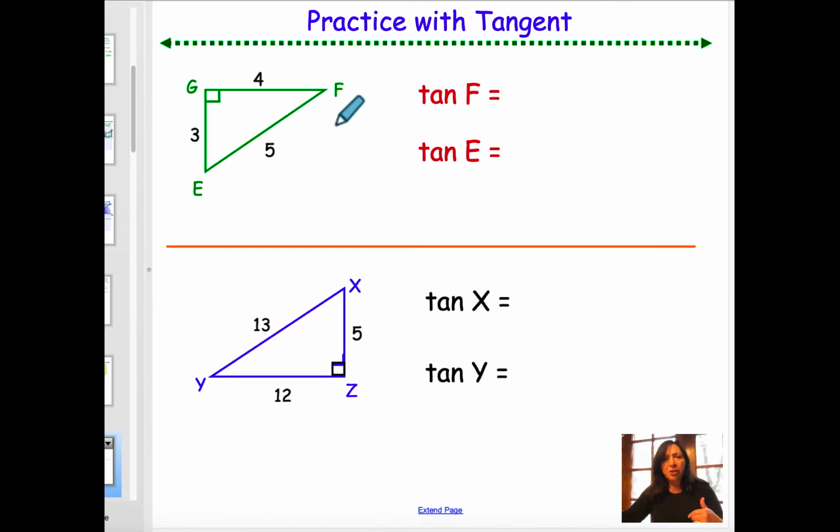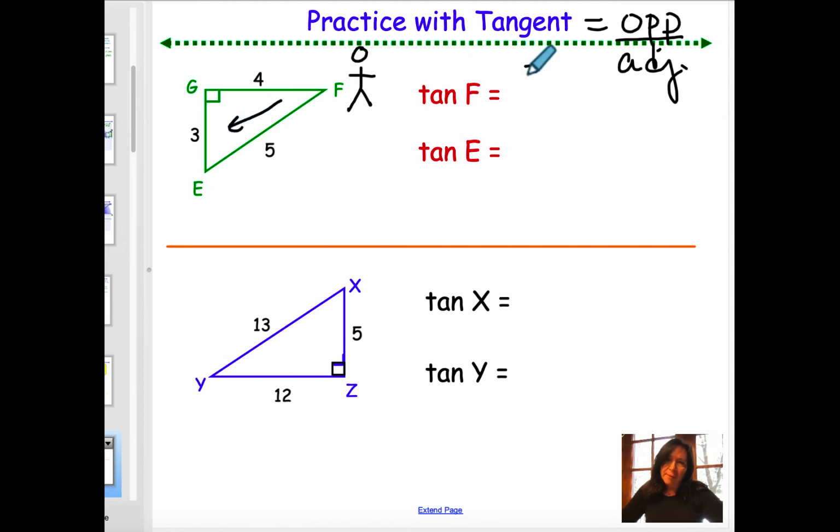So I want you to put yourself at F. So let's say here you are. You put yourself here at F. Remember, tangent is the opposite side over the adjacent side. And all I want are the values opposite over adjacent, okay? So if you're here at F, what's opposite is 3. And the adjacent side is 4, adjacent meaning next to.